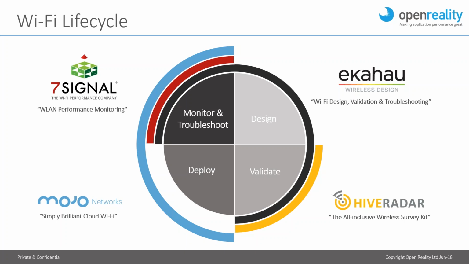You would perhaps deploy it as an overlay solution to an existing network, perhaps a network that has issues, or you have access problems in getting on site, or you want a bit more visibility between what just your vendor offers and then having to send a man out on site. 7Signal bridges that gap and acts as an end client, allowing you to actually troubleshoot and see exactly what the end user sees when they're having issues on the network. So that's a very high level overview of what we do and how they all fit together.